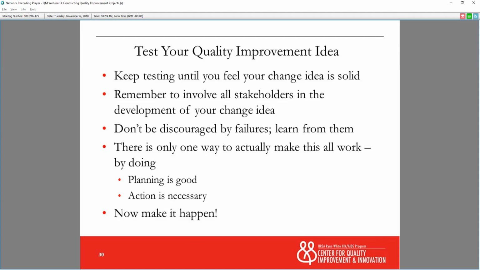So I went a little bit over. Didn't leave a lot of time for questions, but I'd be more than happy to answer any questions you guys have. And again, you can type them in the chat room.